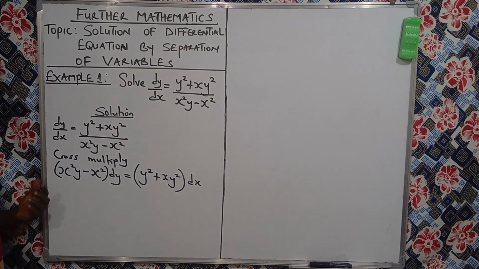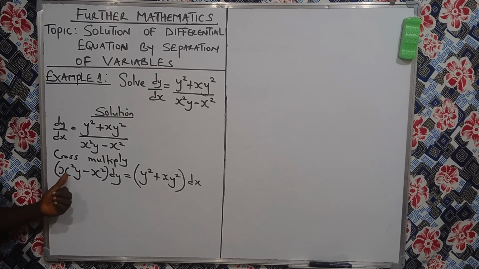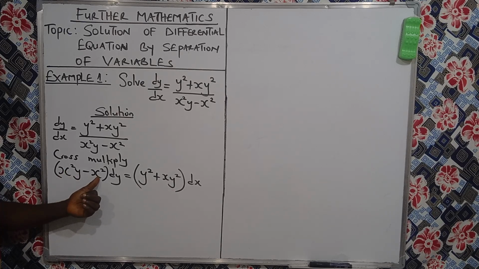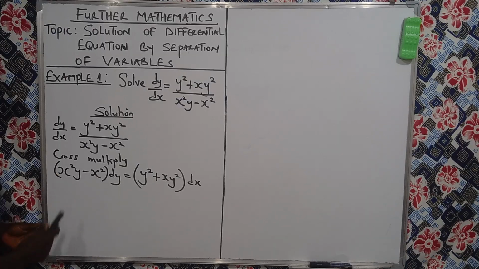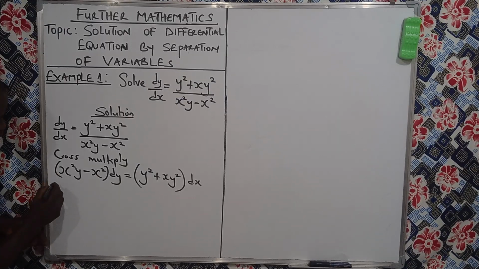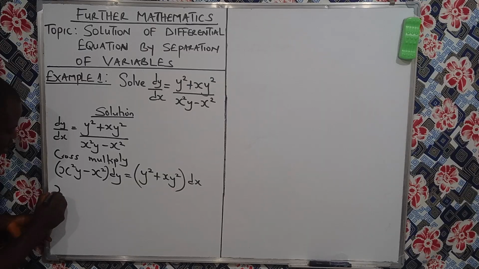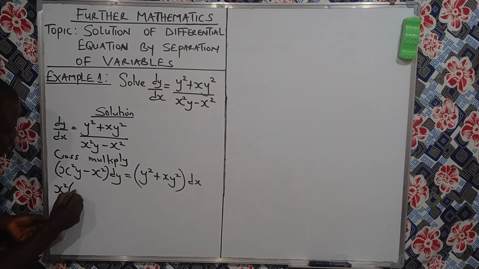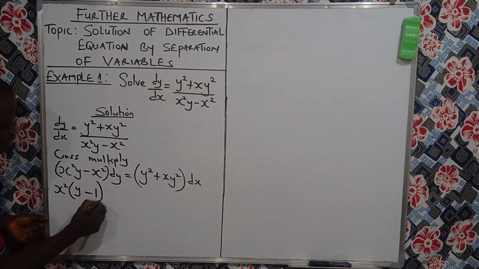Now, what are we going to do? Let's see what is common between x squared y, x squared y and x squared. What is common is x squared. Now let's factorize x squared out. Now x squared, you are left with y minus, x squared goes in x squared one time, close the bracket, dy.